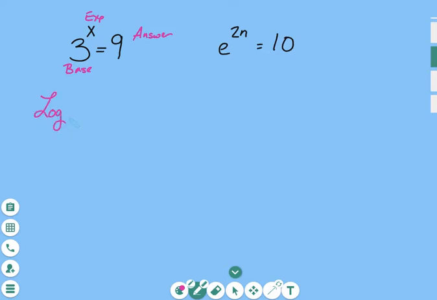So log of our base to get our answer is our exponent. So these two things are considered to be inverses of each other, just like adding and subtracting are inverses of each other, or multiplying and dividing. So we can play off of this relationship between exponentials and logarithms as a way to solve a problem.